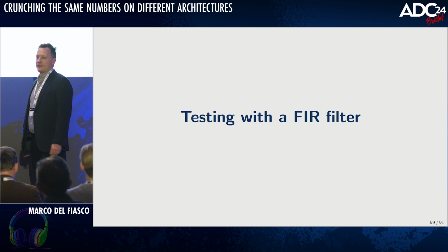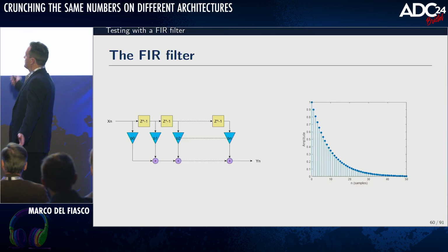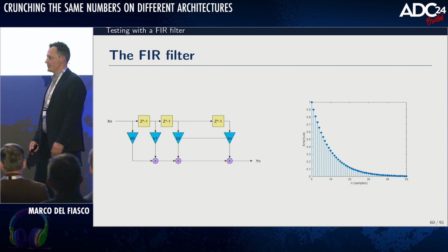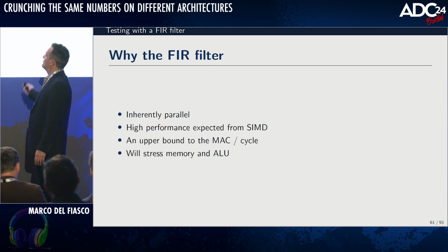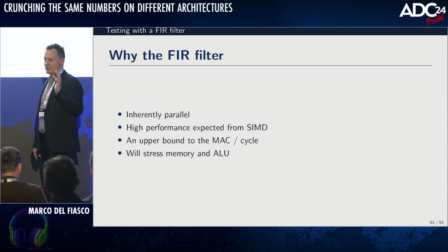We reached the experimental part of this talk. This is an FIR filter. Does anyone here know about the FIR filter? Maybe I can skip. Why did I choose the FIR filter? Because it's inherently parallel. I am expecting high performance from SIMD, so from parallelizing the operations.